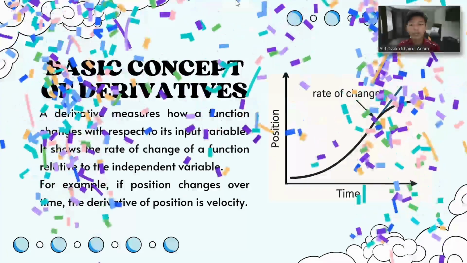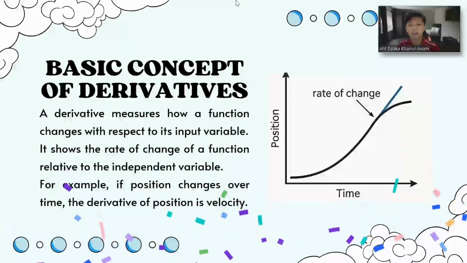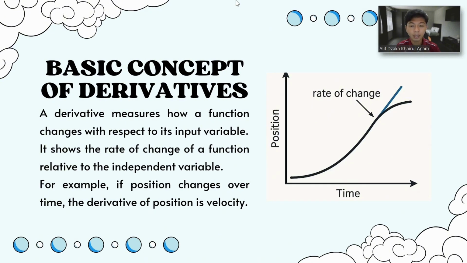First is the basic concepts of derivatives. A derivative measures how a function changes with respect to its input variable. It shows the rate of change of a function relative to the independent variable.